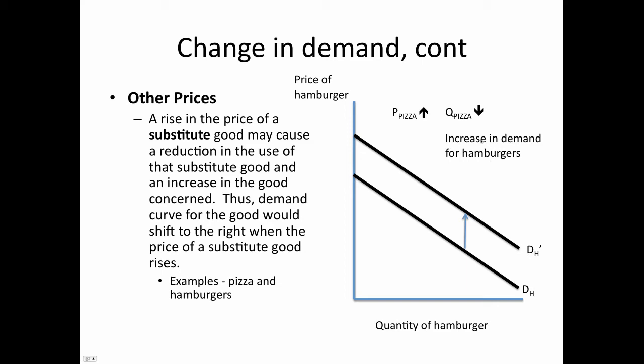So what I've illustrated is this causal chain of events: the price of the substitute good goes up, the quantity of that substitute good that's demanded goes down. People then move from pizzas to hamburgers, and we capture that by moving the demand curve for hamburgers up. If the price of pizza had fallen, the quantity of pizza would go up, and the demand curve for hamburgers would shift down. There would be a decrease in demand.